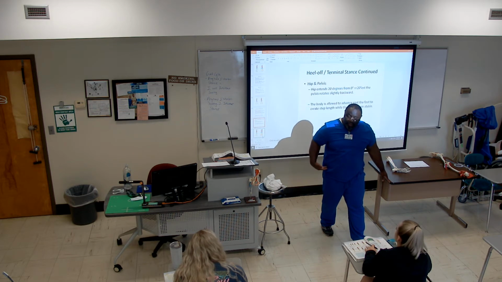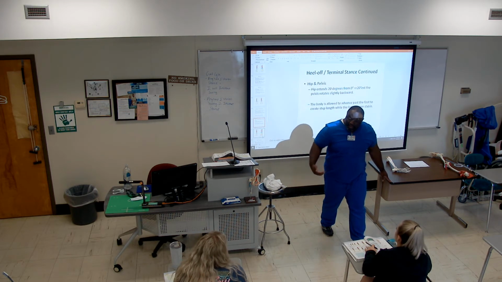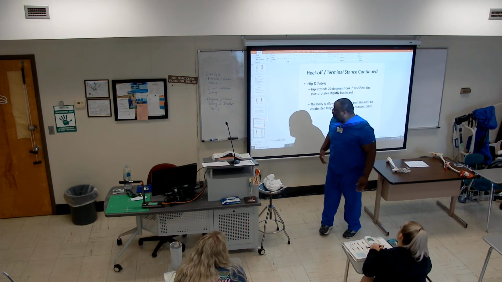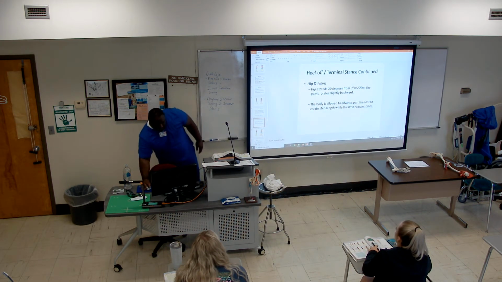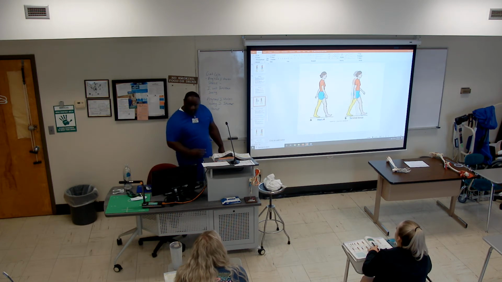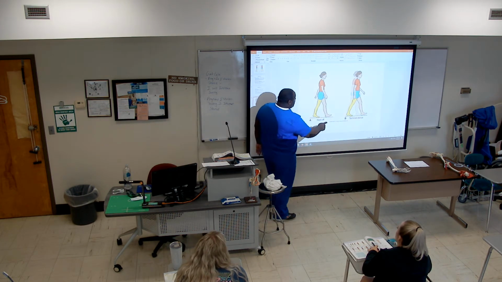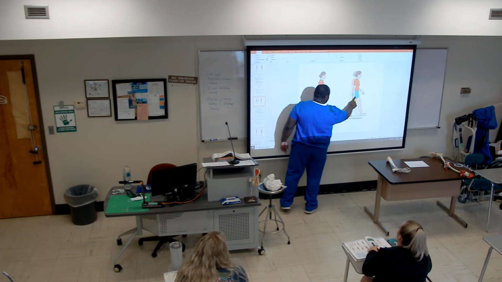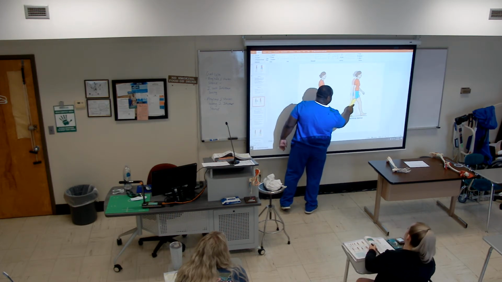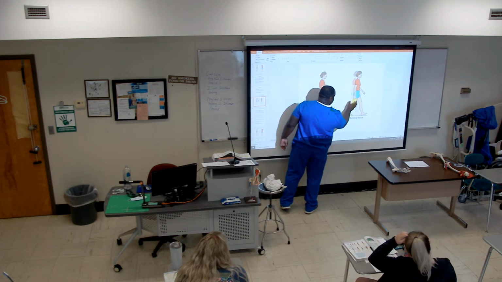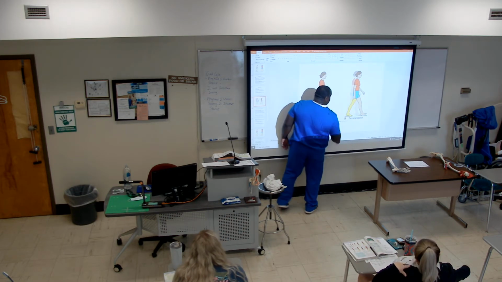So my trunk now moves in front of my hip. When the trunk is in front of my hip, this angle is an extension angle. My pelvis is in front of the lateral epicondyle of my femur. Now I'm in hip extension.